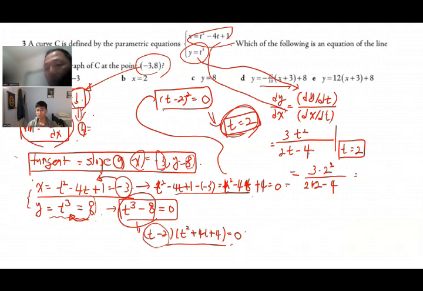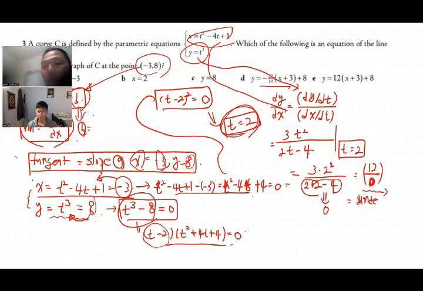So that is 12 divided by 0. The numerator is 12, and the denominator is 0. So what happens if you divide a finite number by 0? It's undefined. Yes, undefined.